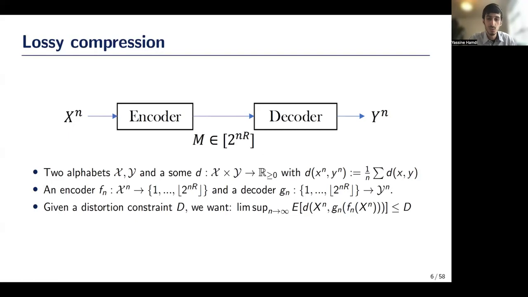So the mathematical problem is to satisfy this constraint with the smallest possible r, a real number r. That is the problem we're going to be looking at, and I will repeat this in the next few slides. So we want to satisfy the constraint to not change the source, the first sequence, too much, but we want to do that with a minimal number of bits, or minimal number r.